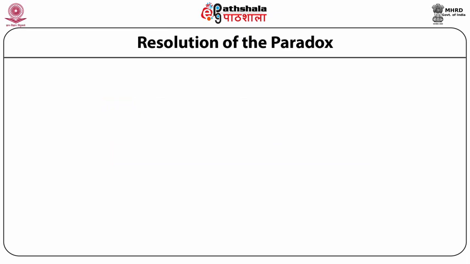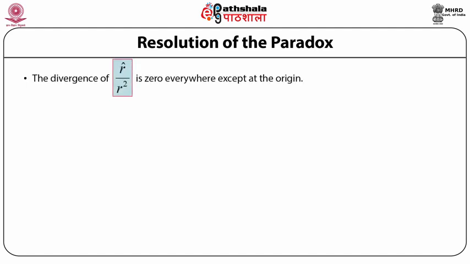Resolution of the paradox. Now let us look at the divergence of the function a as a function of vector r that we had defined above, which was that the function a as a function of vector r is equal to 1 upon r square times the unit vector r. Then we saw that the divergence of this function a turns out to be 0 everywhere except at the origin, that is, except where r tends to 0.